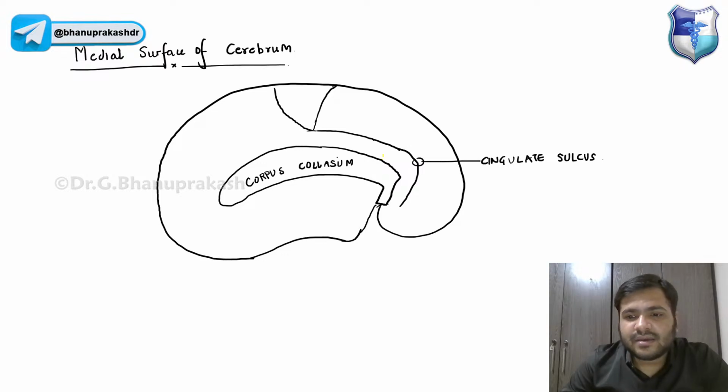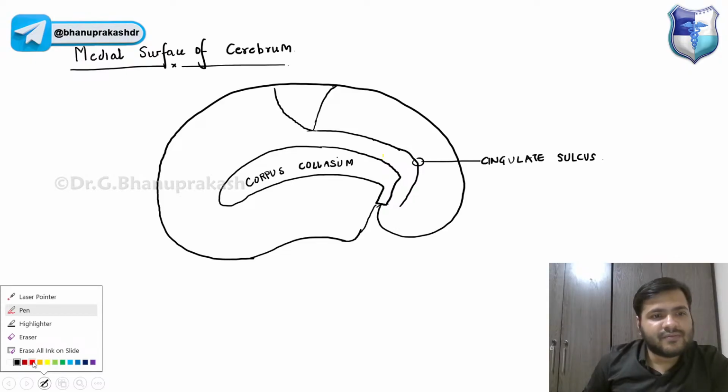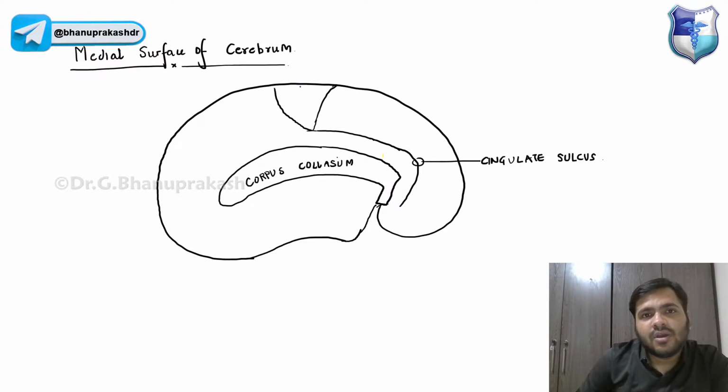So, guys, you can very well see that in between these two limbs there is one projection over here of the cingulate sulcus, and this projection is nothing but the central sulcus. We have already discussed the central sulcus in detail, guys.